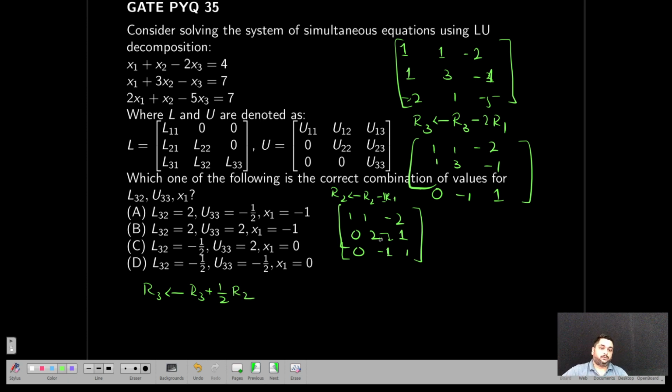So 1 by 2 into 2 is 1. Subtract, get 0 there. So this will become 1, 1, minus 2, 0, 2, 1, and then I have 0, 0. So this will become 1 by 1 minus 1 by 2, that is 1 by 2. Okay.